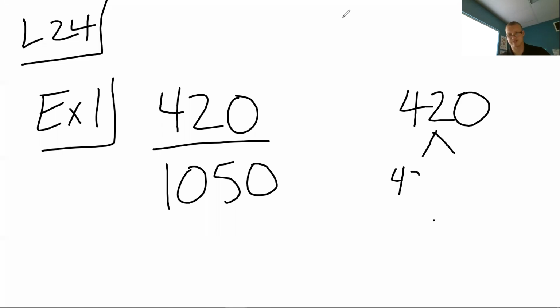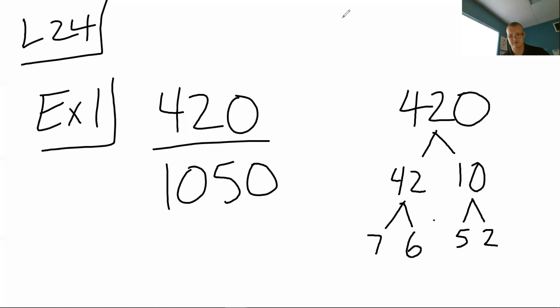Well, 42 and 10. 10 can be factored into 5 and 2. 42 can be factored into 7 and 6. Then 6 can be factored into 3 and 2. And I'm done because nothing goes into 7 besides 1 and 7, and nothing goes into 5 besides 1 and 5.